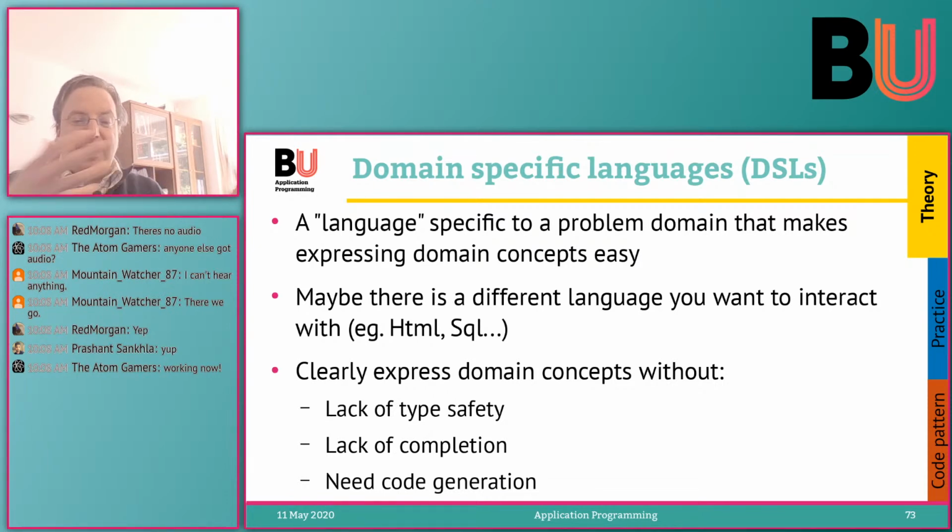You can put logic in there, etc. So you can maintain type safety, you can have completion, and you don't need to do code generation either, because you can do that as well. Although there are some limits in code generation with those languages, because you often end up doing the execution at runtime rather than at compile time.